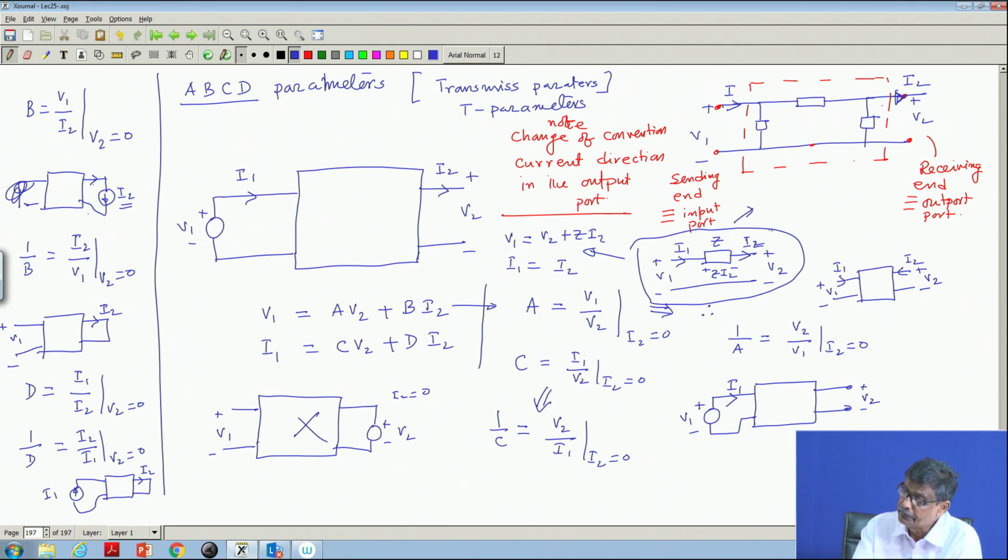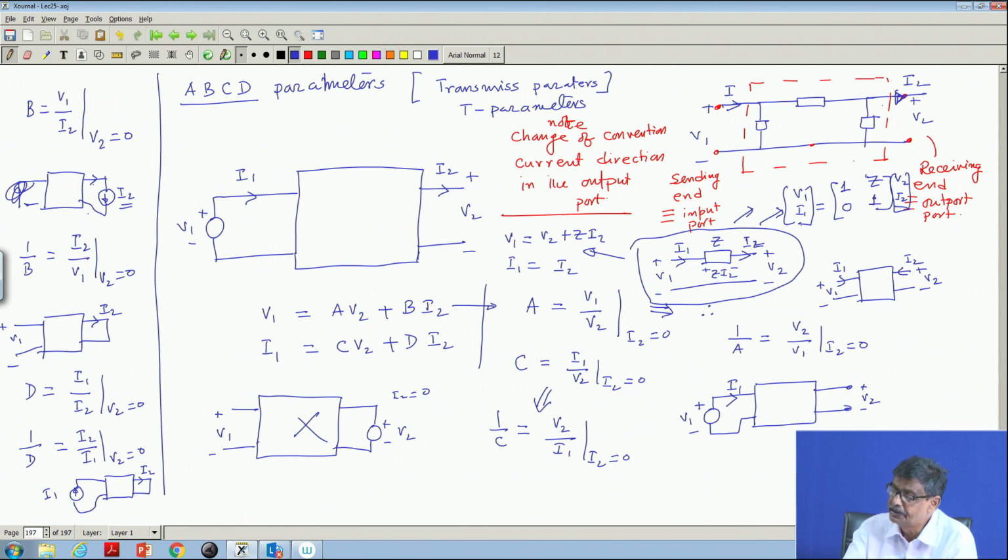So, the ABCD parameters of this simple network will be simply like this: V 1, I 1, and here if you write V 2, I 2, what will be the thing? V 2 into 1, 1 will come here, Z will come here, there is no V 2 in the second side.